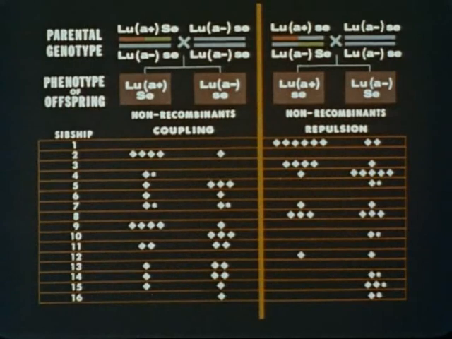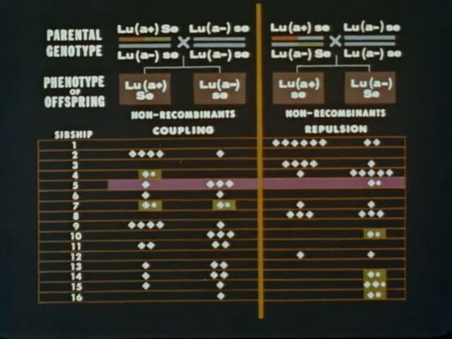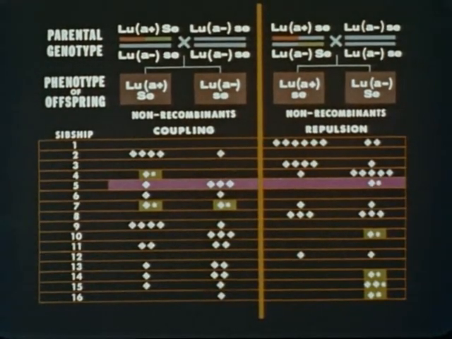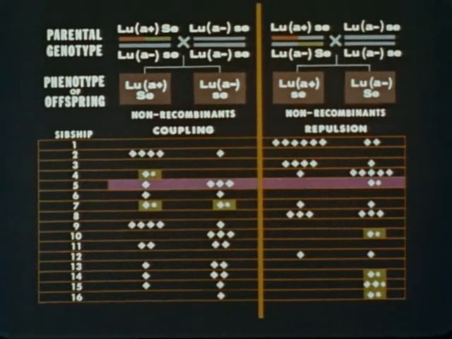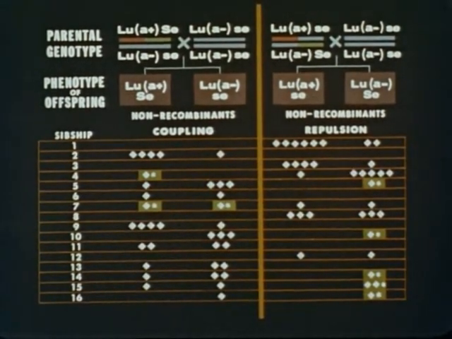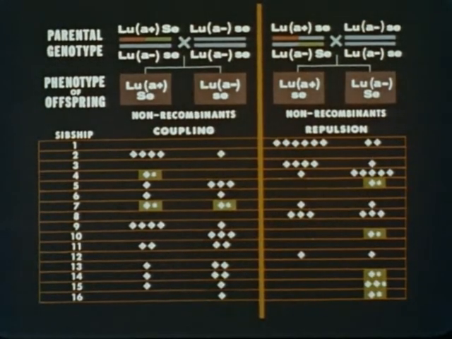However, in each of 7 families, there was at least one exceptional individual. For example, in family 5, 4 of the 5 sibs are of expected types, but the 5th must be the result of a crossover in the doubly heterozygous parent. The same reasoning applies to the 6 other families, where the indicated individuals are considered to be recombinants.